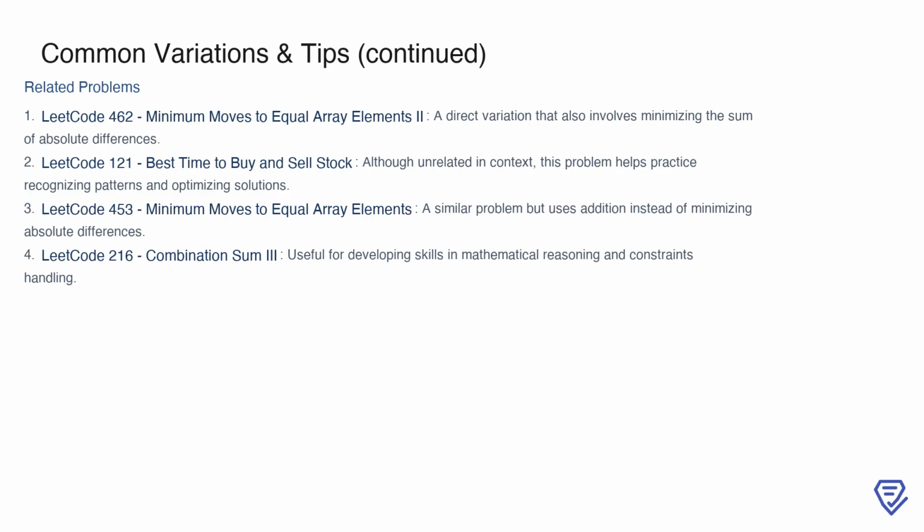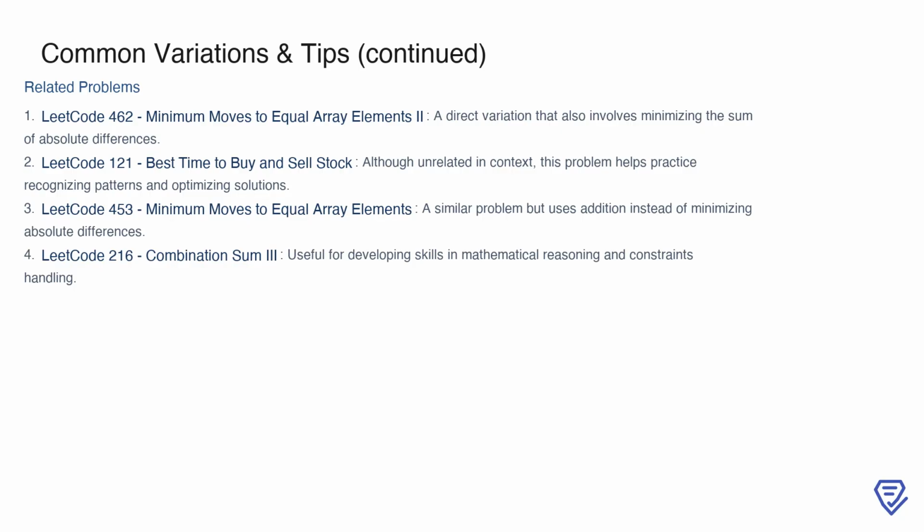Let's look at some related problems that can help you build a deeper understanding of similar concepts. One direct variation is LeetCode 462, which also involves minimizing the sum of absolute differences. It's a great way to practice applying the median-based approach in different contexts. Another problem to explore is LeetCode 121, which, while not directly related, helps improve your ability to recognize patterns and optimize solutions efficiently.